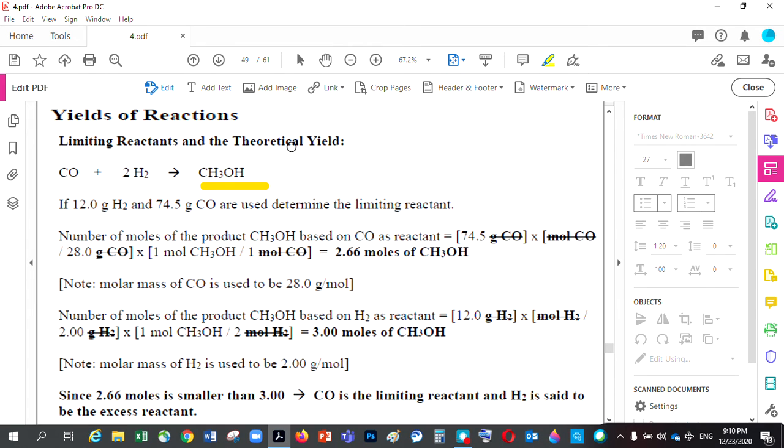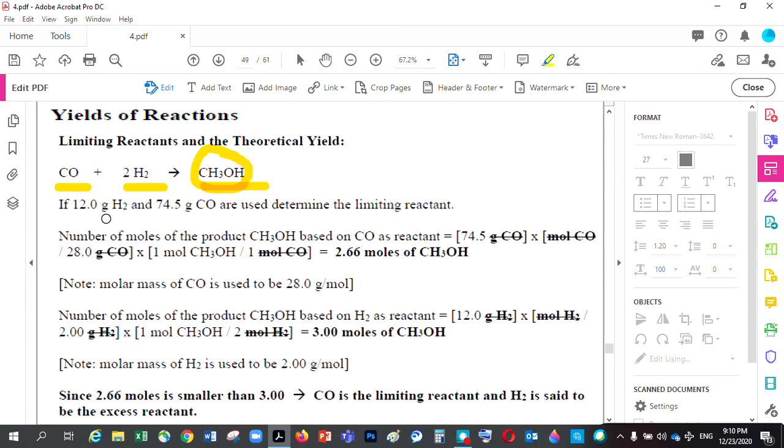If 12 grams of hydrogen and 74.5 grams of carbon monoxide are used, determine the limiting reactant. I don't know which is limiting and which is in excess. Therefore, I will base my calculation of the theoretical yield on the number of moles of product based on each reactant separately. Then I compare the number of moles of each to see which gives the least number of moles.